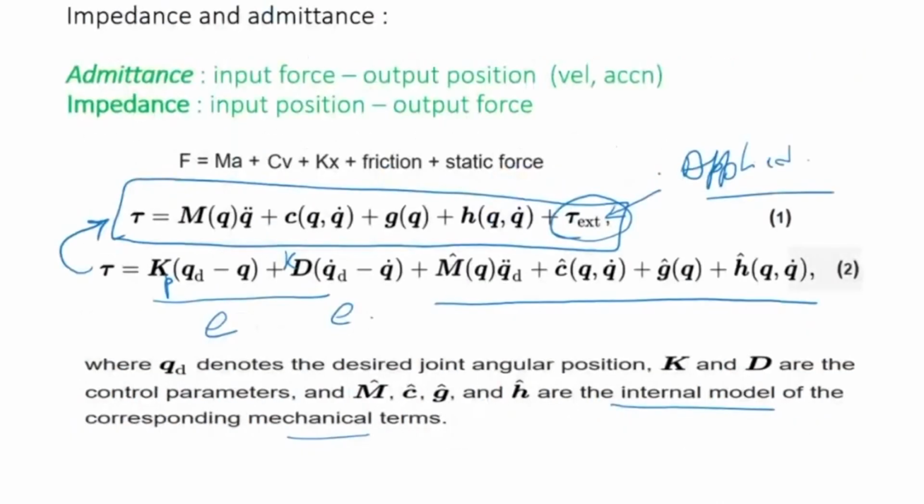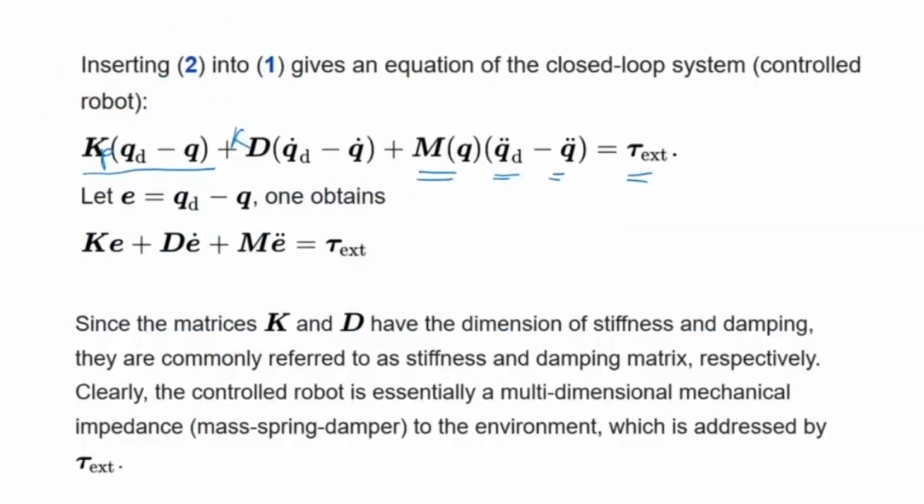So this is the controller I'm proposing. I put it in here, and the Coriolis and centrifugal terms, some of them are going to cancel. This is going to cancel off. What we will be left with is the inertia term, and this is my equation.